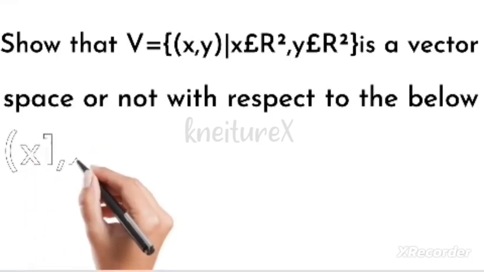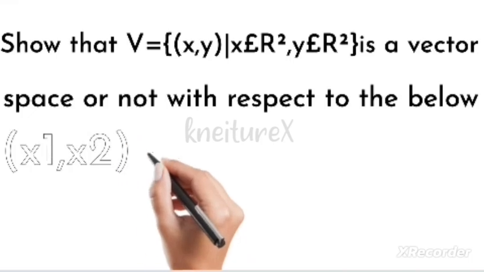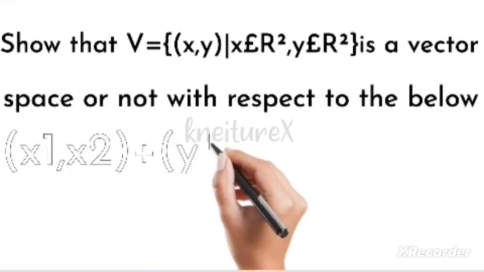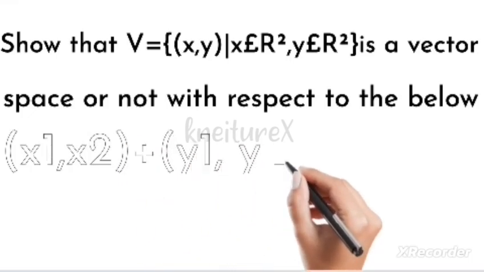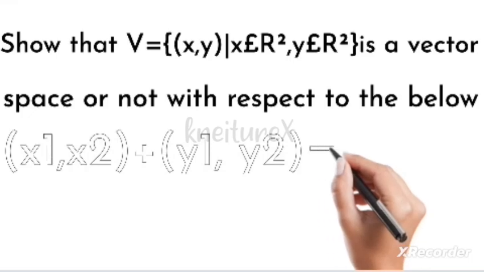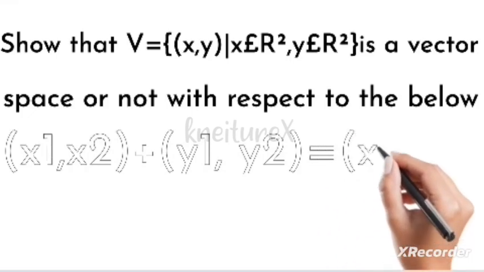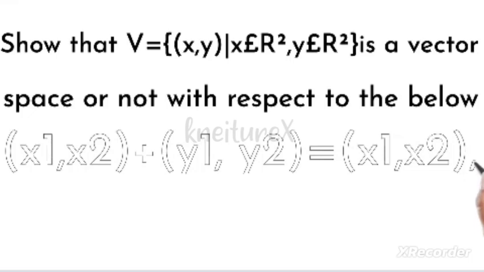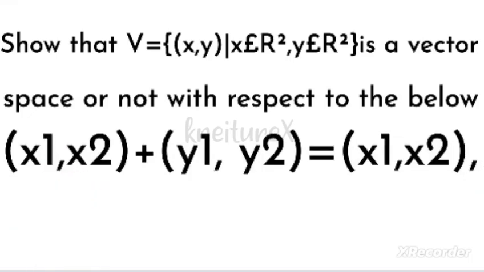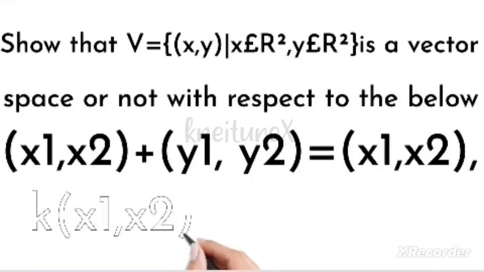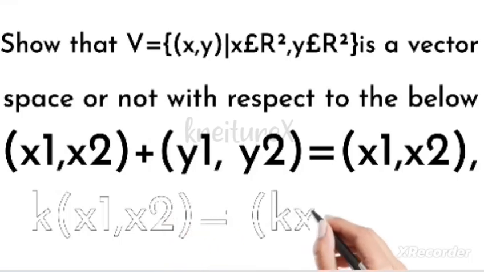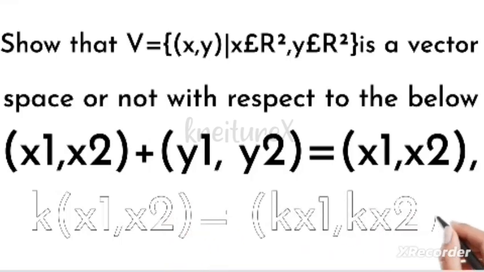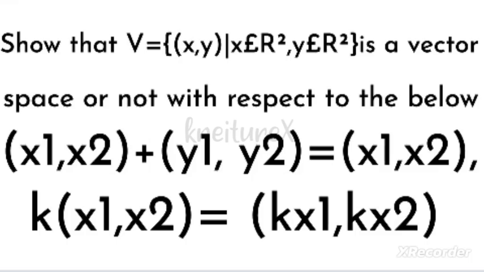So we have (x1, x2) plus (y1, y2) gives us (x1, x2). Now this is a given rule for our vector addition. Now let's look at our scalar rule. Now this is k(x1, x2) is equal to (kx1, kx2).